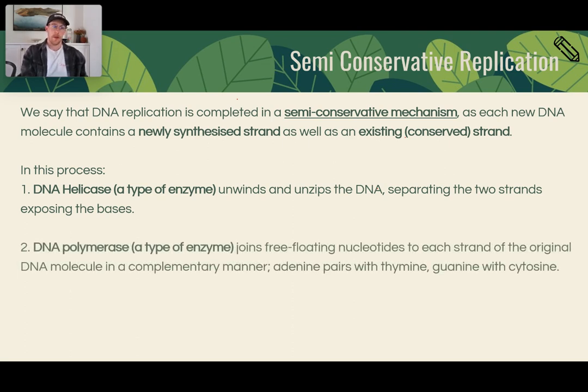We then have another type of enzyme called DNA polymerase. And if you were in my class last year, you'll know that we can identify enzymes by that sort of ASE at the end. We know that they're enzymes because they have ASE at the end of their names. One of the few things in biology that actually makes some sense. But DNA polymerase is a second type of enzyme that essentially gets free-floating nucleotides or bases.